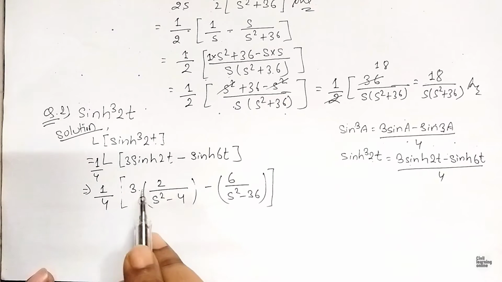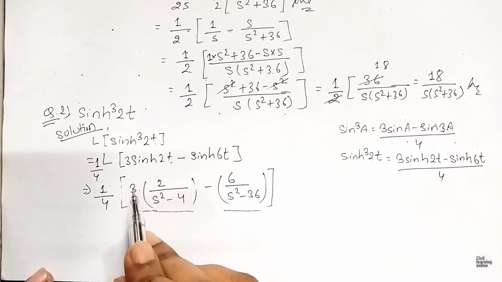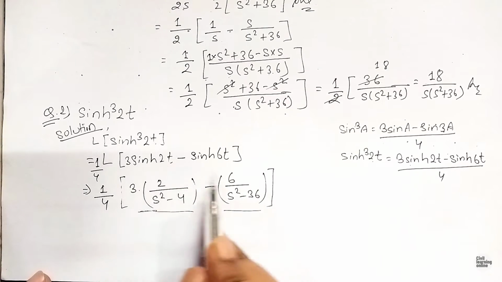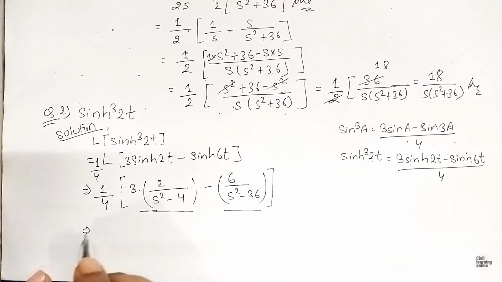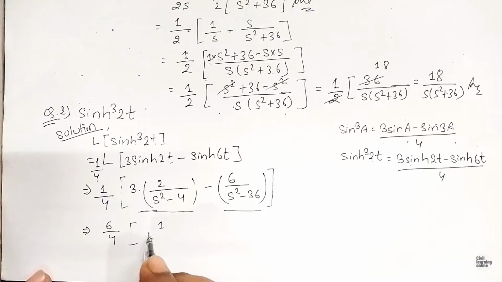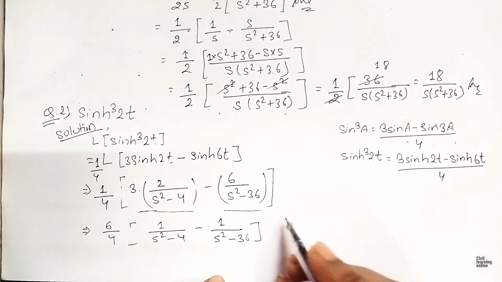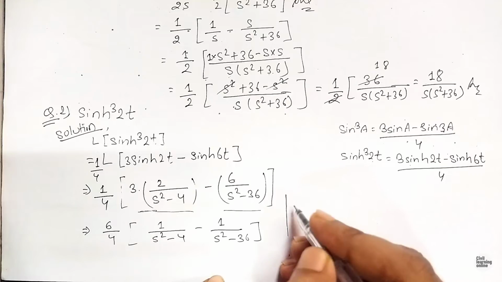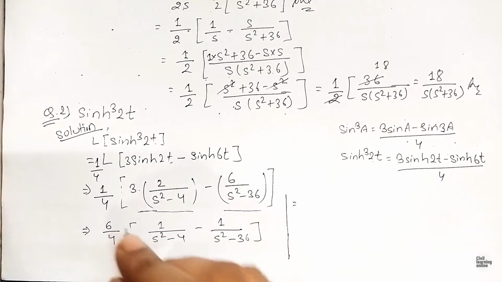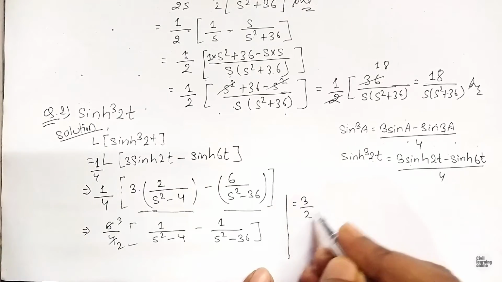Now see here guys, in these two terms, 6 is common because 3 when multiplied by 2 we will get 6. We can take 6 common, so here we will have 6 upon 4 times 1 by s square minus 4 minus 1 by s square minus 36. So on taking LCM, what we will have here, 6 upon 4 is actually 3 by 2.